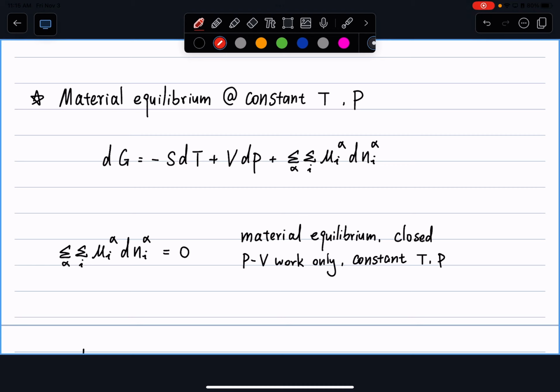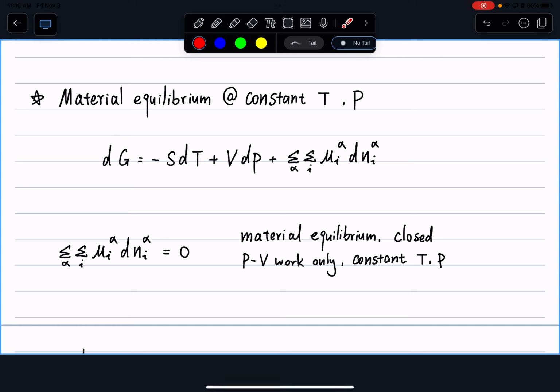So in this section, we discussed material equilibrium at constant T and P with our chemical potential. So what does that mean? When we look at the general expression of dG with that chemical potential, we don't care whether or not we're at equilibrium. This is the general expression for your Gibbs free energy.